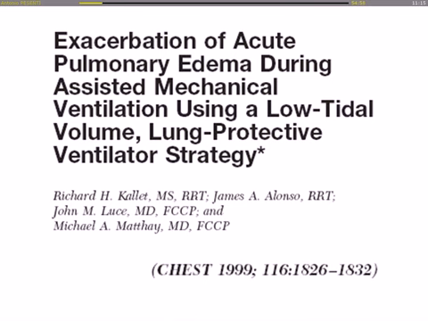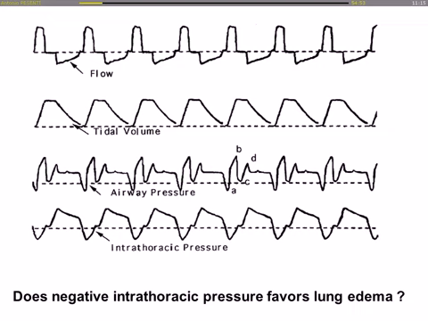And what happens? It happens that the patient makes huge drops in intrathoracic pressure. And the negative intrathoracic pressure causes pulmonary edema. In the most severe cases, hemorrhagic pulmonary edema.